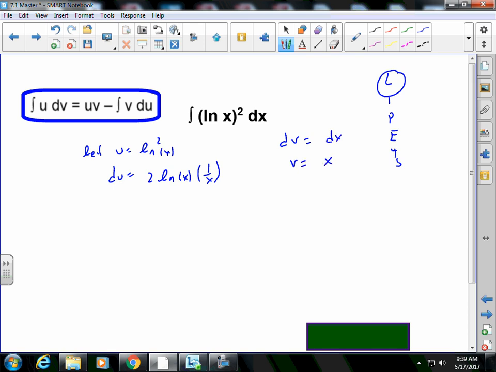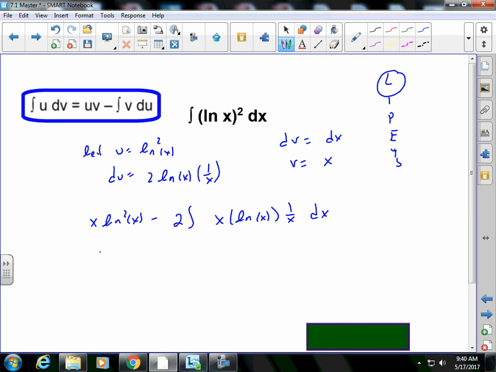I can then combine u times v, x natural log squared of x, subtract v du. Put my 2 here, natural log of x, 1 over x, dx.